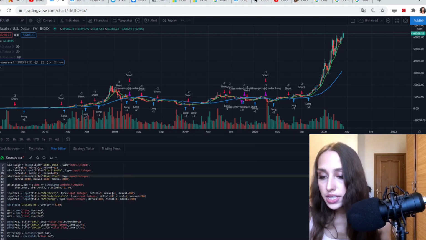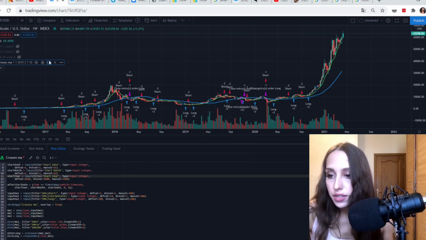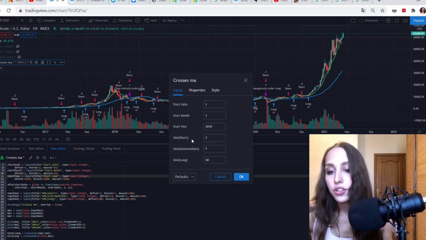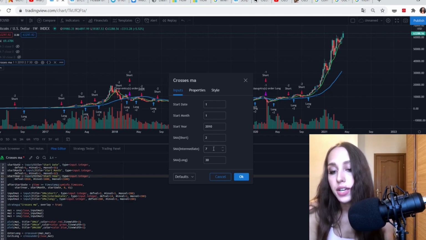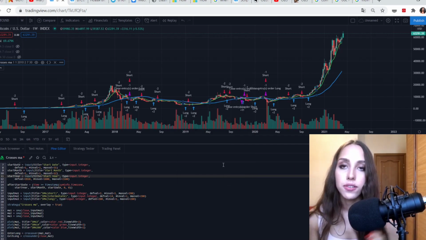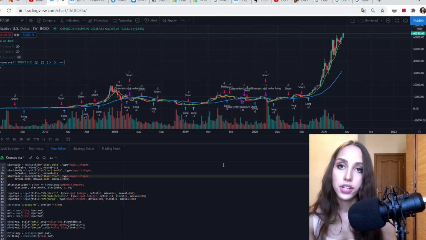So in this case, our strategy is using a 2 period for the short simple moving average, 7 period for the intermediate term, and for the long term it's 30 period. Of course, you can do this yourself and choose the best moving averages that work well with your trading strategy.